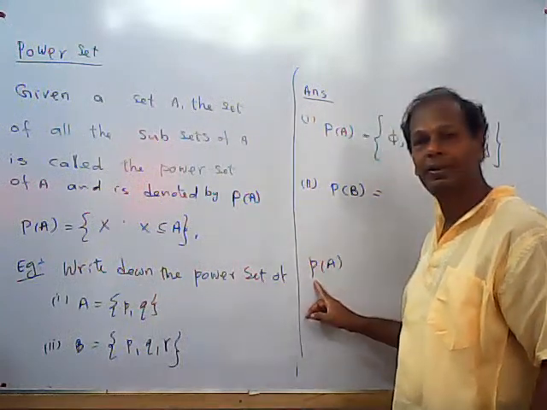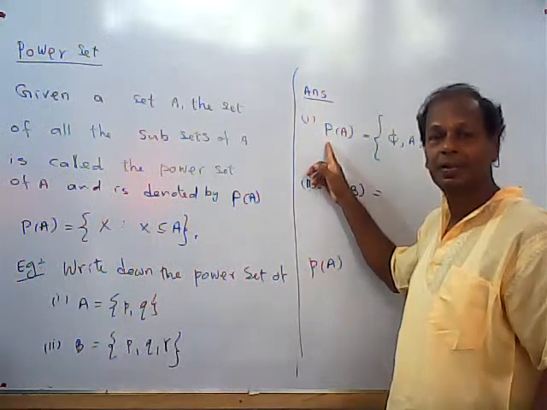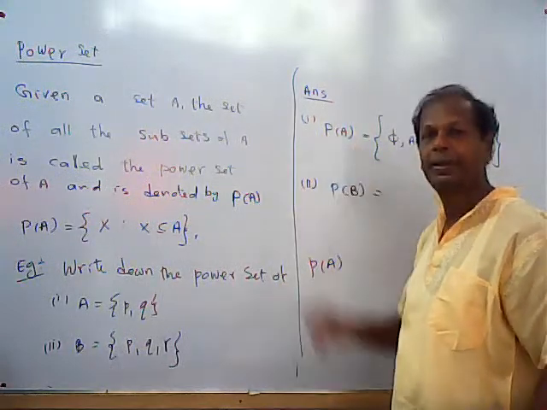If you write simple P, it means probability of A. Capital P says the power set of A. Okay.